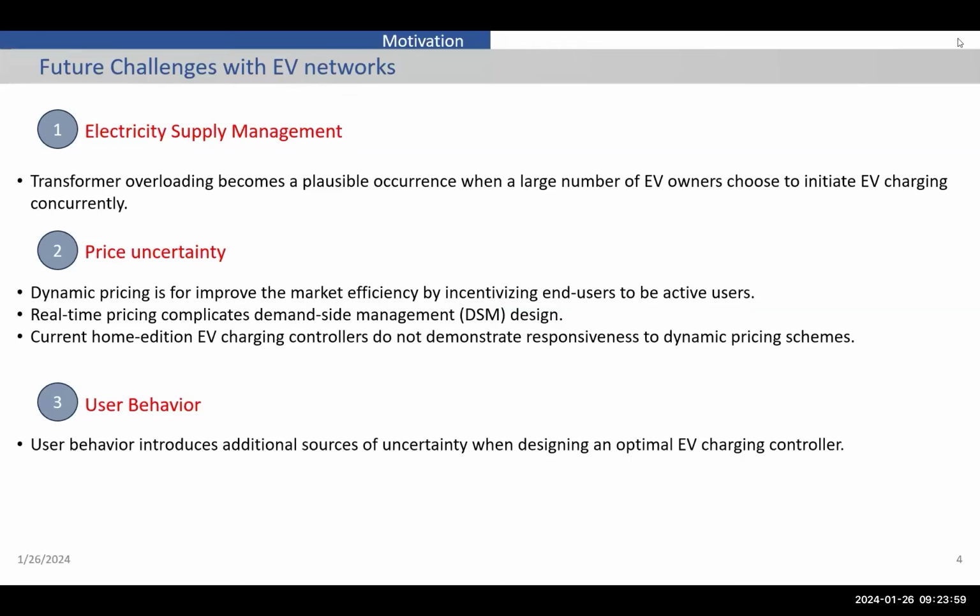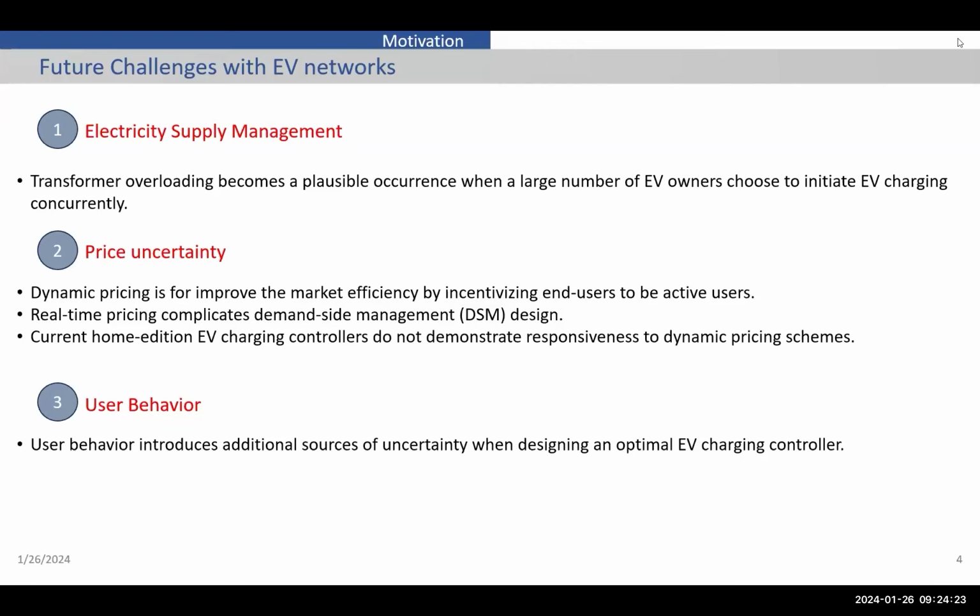The first one is the electricity supply management, which means that a bunch of EVs and a bunch of households are connected to a shared transformer. If the number of the EVs increases in the system, it may happen that a transformer overload occurs, and that's a huge loss for all participants in the network. So this is one challenge that we have.